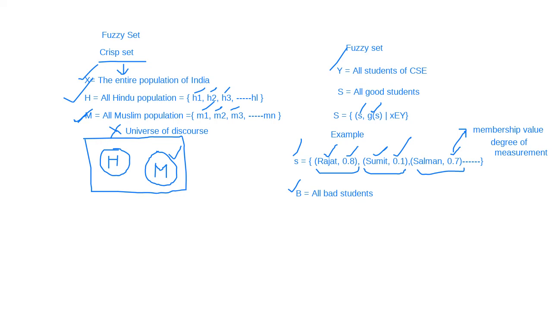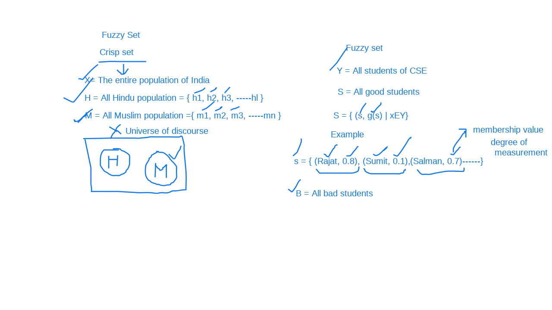For example, Rajat's degree of goodness is 0.8, but his degree of badness is 0.2, right? And one more important point to note is that the membership value always lies between 0 and 1, inclusive of 0 and 1, right?